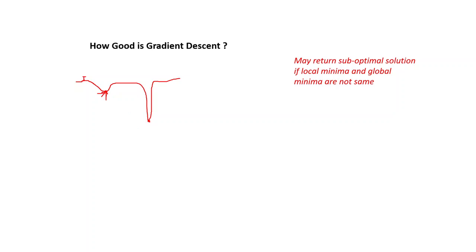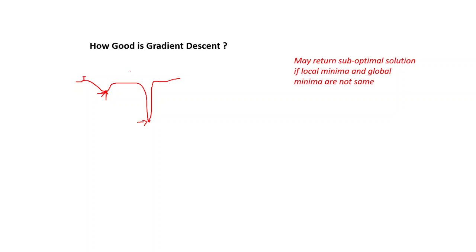This is where the value of the function decreases, but this is just a local minima. This is also a minima, and this is the point where the error is at minimum. So this point is known as the global minima, and this is the local minima.